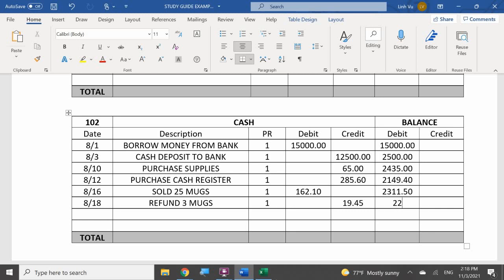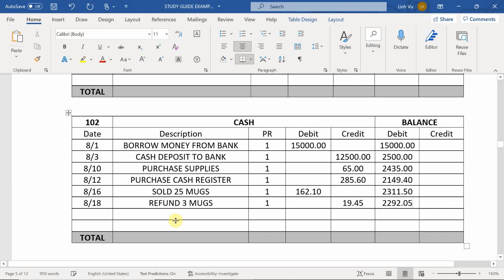We have 2,311.50 minus 19.45, which is 2,292.05. Do we have to go to the inventory? Do we keep track of sales? No. So do we need to go into inventory? No.